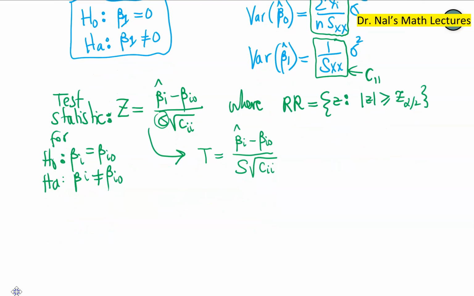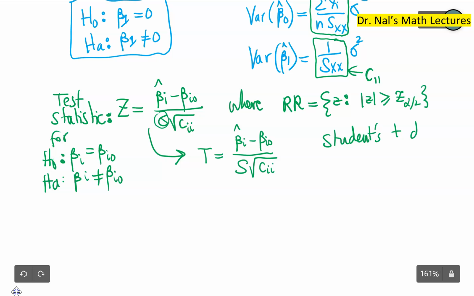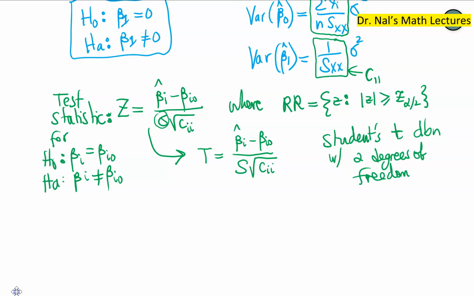That's our test statistic, but the distribution here is a student's t-distribution with, sorry, not 2 degrees of freedom, my bad, n minus 2 degrees of freedom.